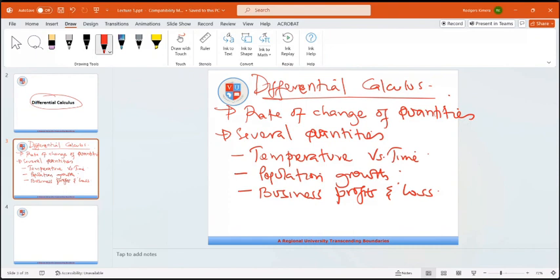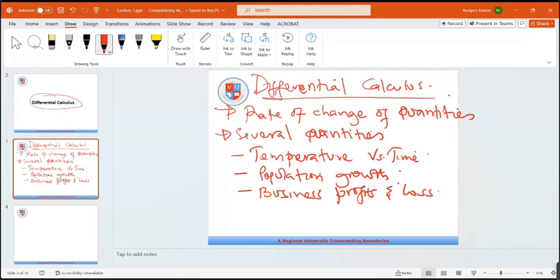So differential calculus comes to examine and quantify how change in time affects temperature, or how change in other factors can affect the population growth. That is what differential calculus entails.